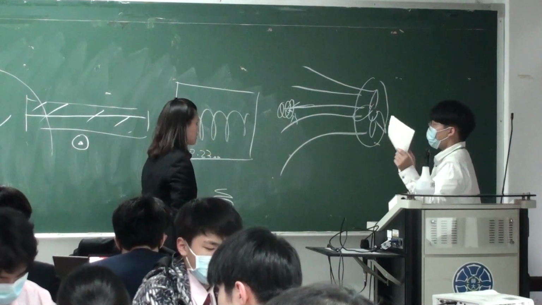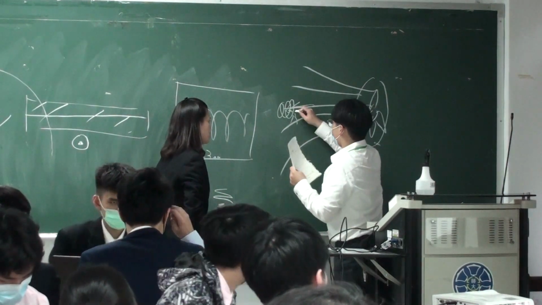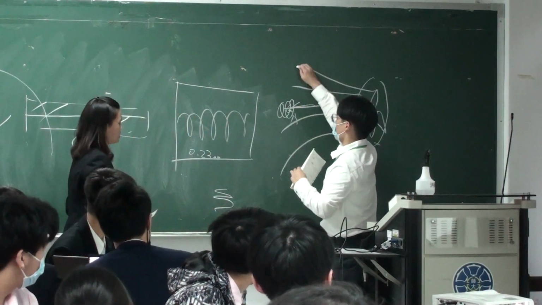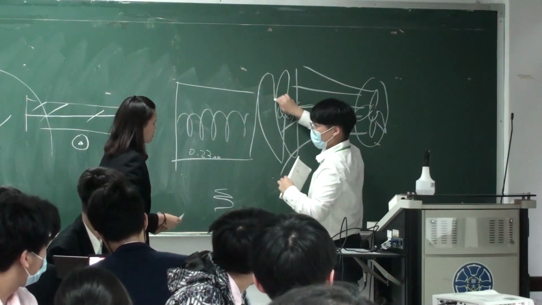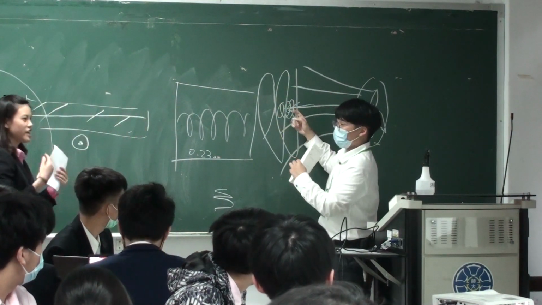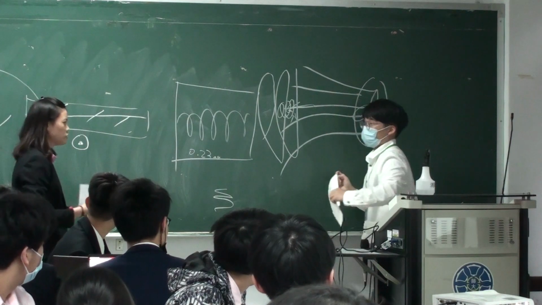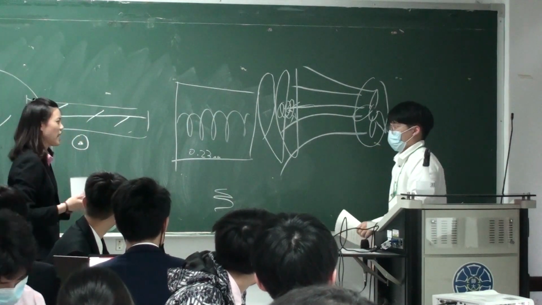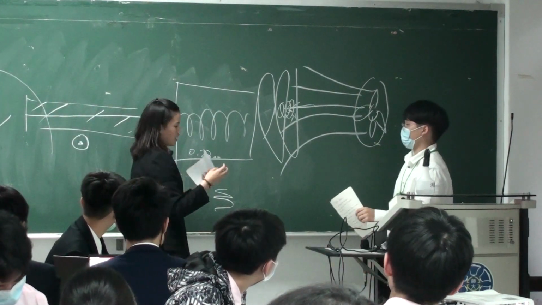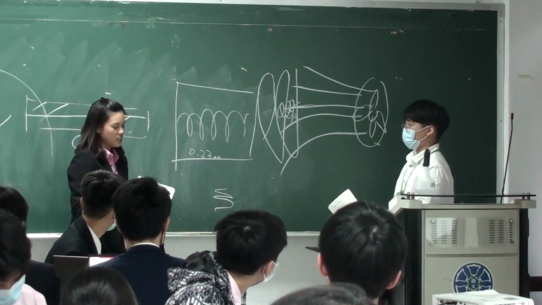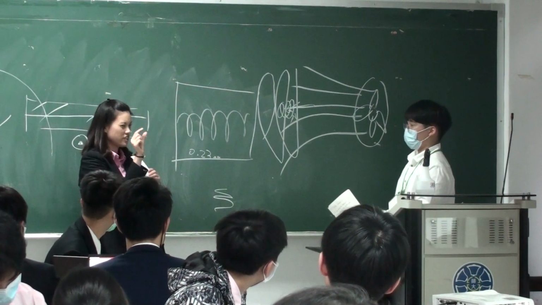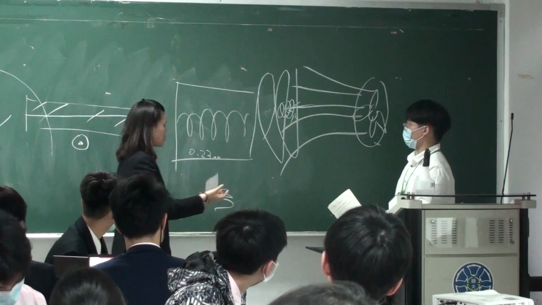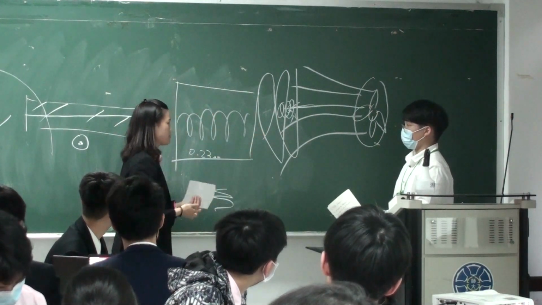I think I exaggerated the diagram, so let's draw it like this. In this problem statement, we're talking about how to make our structure more accurate. You can see the commercial hot wire anemometer has a very small wire, so the smaller wire may be more accurate.